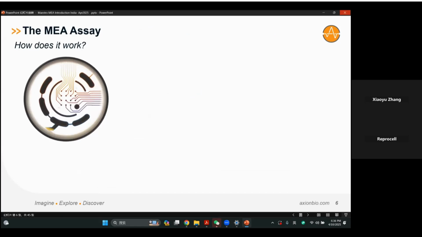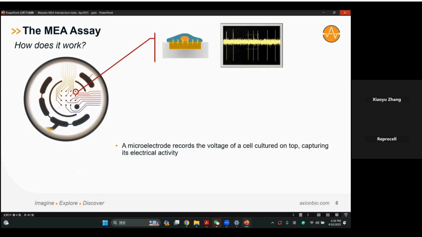So what is MEA? MEA stands for microelectrode array, and Axion's MEA plates are designed with a grid of electrodes embedded in the bottom of each well. As cultured neurons mature, their electrical activity can be captured by those nearby electrodes.